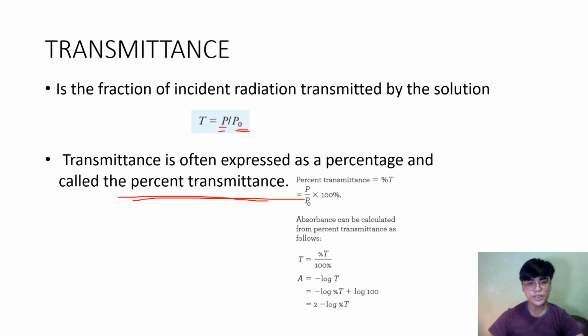So percent transmittance is equal to light leaving the sample over light entering the sample times 100%. Absorbance can be calculated from percent transmittance as follows. T is equal to percent T over 100%, and absorbance is equal to negative log T, which is equal to negative log percent T plus log 100, and it is equal to 2 minus log percent T.